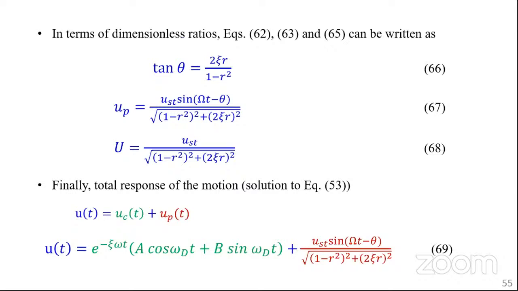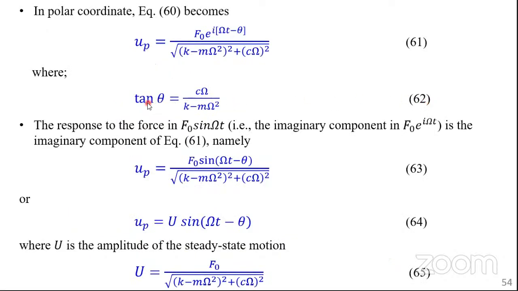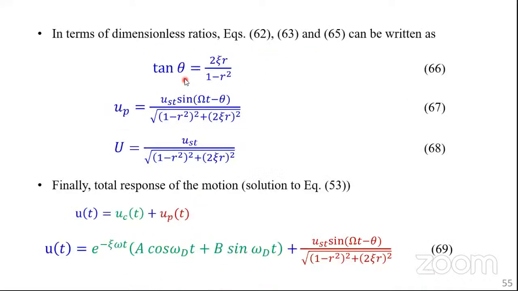Now, in terms of dimension and quantity, it's always good. When you find us expressing in terms of ratios, it's because we want to deal with dimensionless quantities. So equations 62, 63, and 65 can be rewritten. What is 62? 62 is this one where you have the angle theta. 63 is the response, and 65 is the amplitude of steady state motion. So we are using ratios.